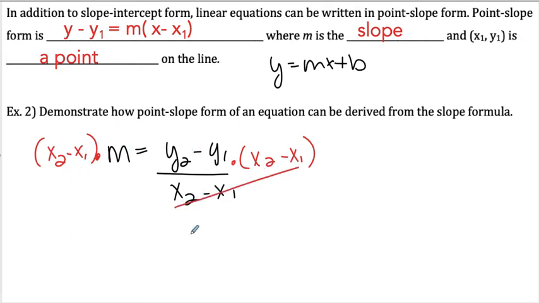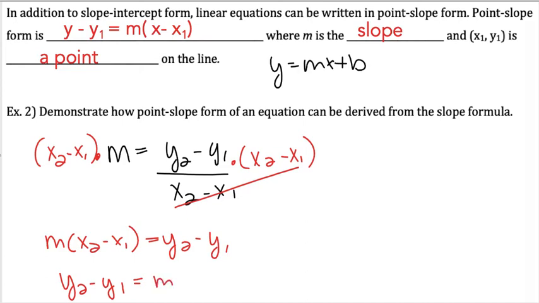So on the right side, numerator, denominator, those are going to cancel. And then we start a new line here. We would have our slope times x2 minus x1 equals, what we have left over here is simply y2 minus y1. And now, if we wanted to rewrite our equation so that the y's are on the left side as in the equation here, we can simply rewrite this in the other order. y2 minus y1 equals slope times the change in x.